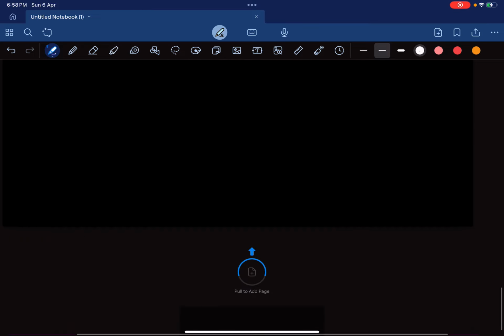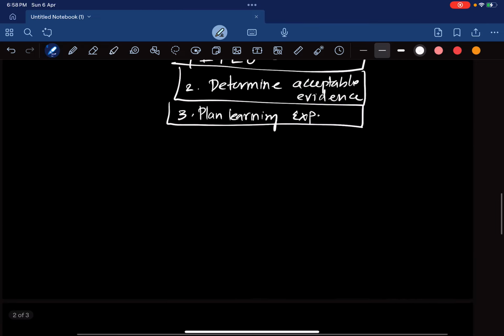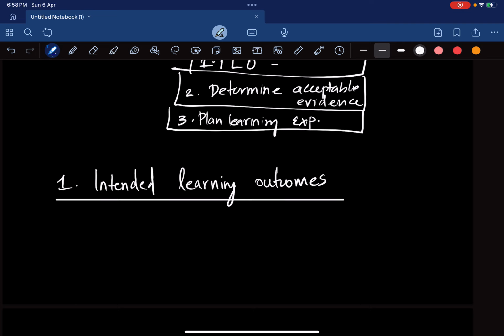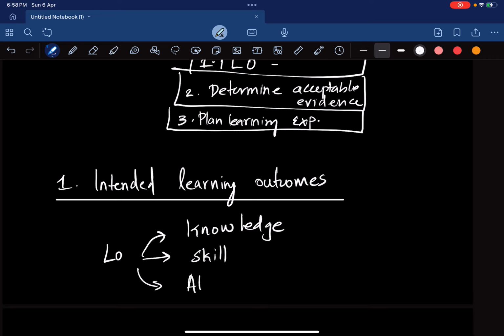Step 1 talks about intended learning outcomes. A learning outcome for a chapter can be acquisition of knowledge, or it can be developing a skill or an attitude.